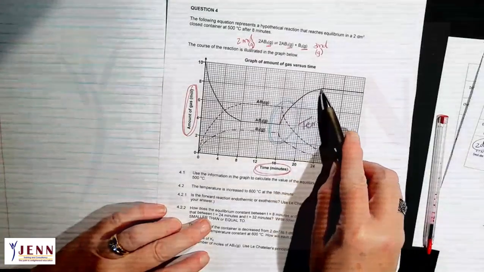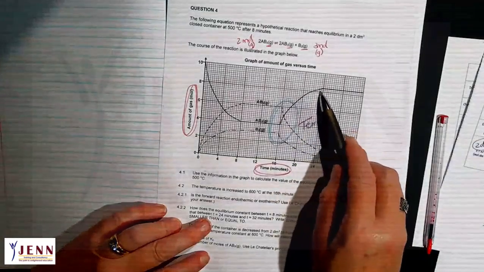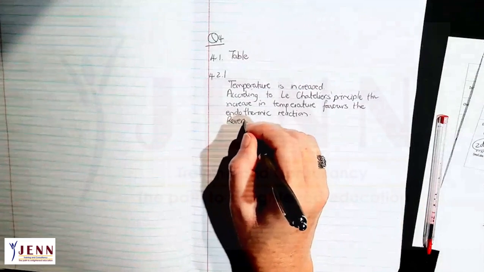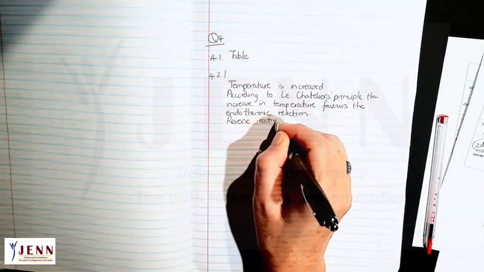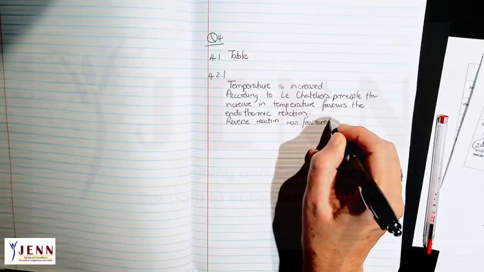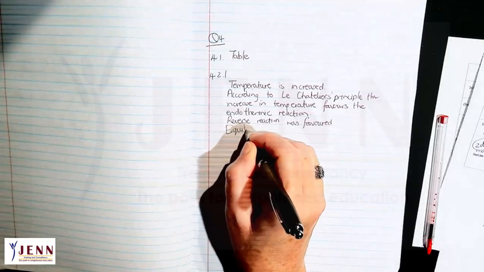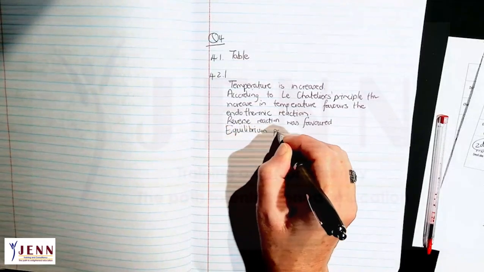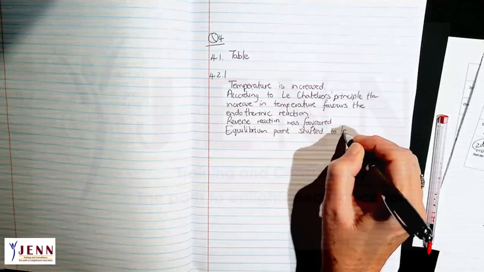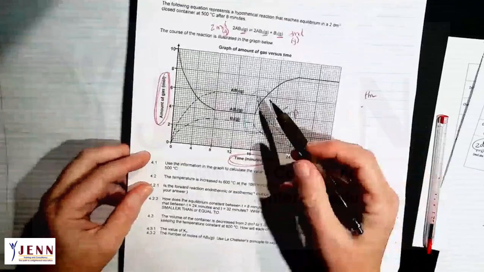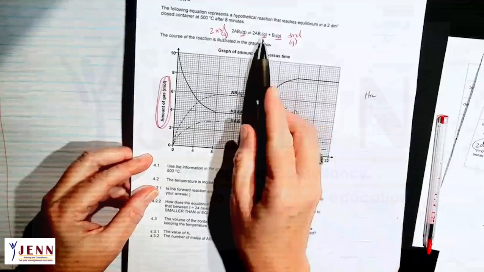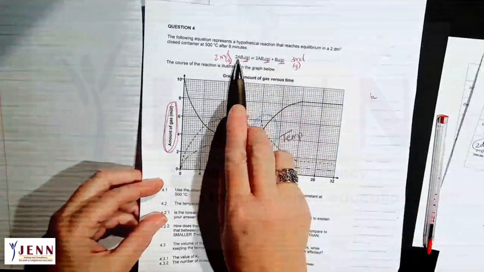So that, because that increased, means the reverse reaction was favored. So I'm going to say now the reverse reaction was favored, and the equilibrium point shifted to the left. So how did I see it? I look on my graph and said AB3 became more and AB2 and B2 became less. So that's the equilibrium shifted to the left.